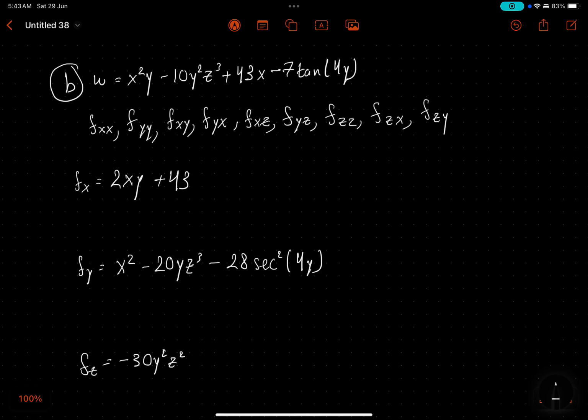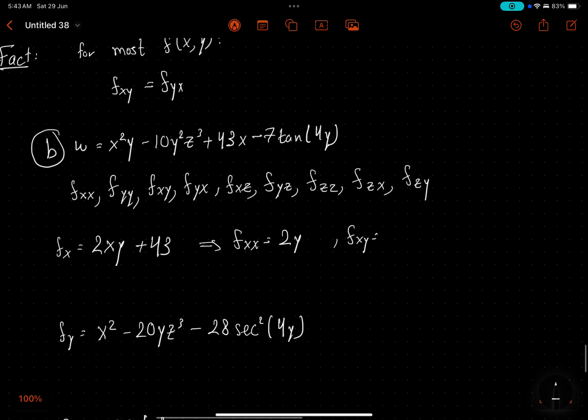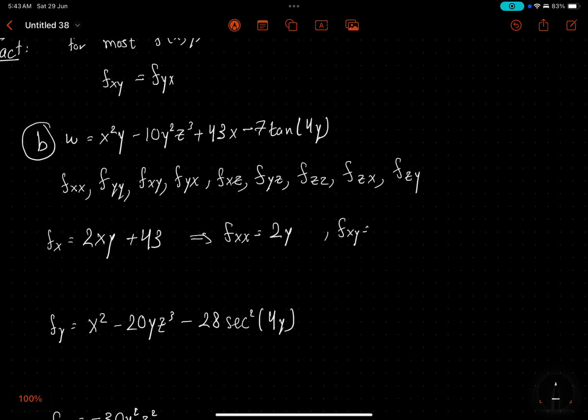And that's it. So now from here we can get fxx, which is 2y, and then fxy, which is 2x, and then fxz, which is 0, treating everything constant.